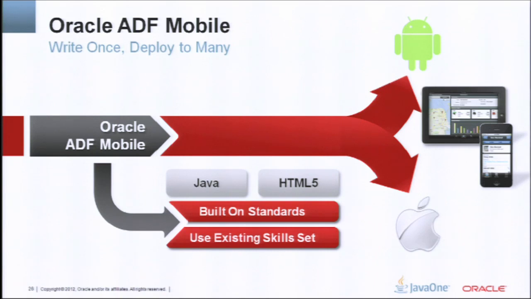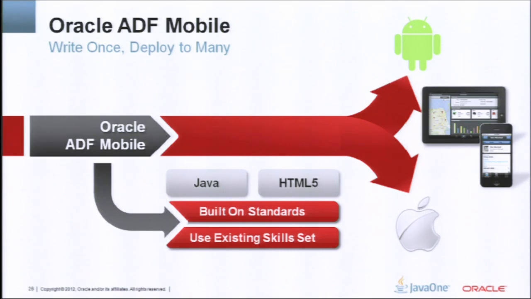So, as you probably know, there's a lot of people now with smartphones and tablets, and they want to access their enterprise application. What we wanted to do is we wanted to allow our developers to build applications that run on mobile devices. But we didn't want to bother teaching them how to write at the Xcode level for iOS or at the whatever level, the Java level for Android.